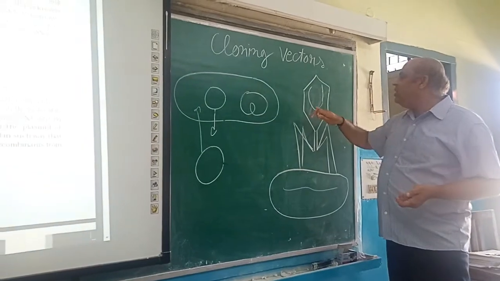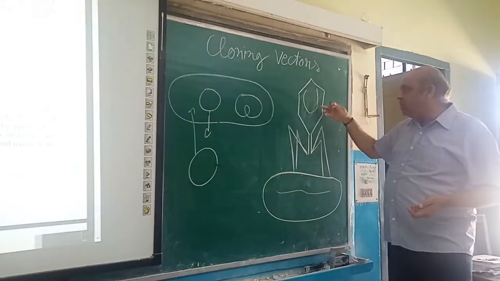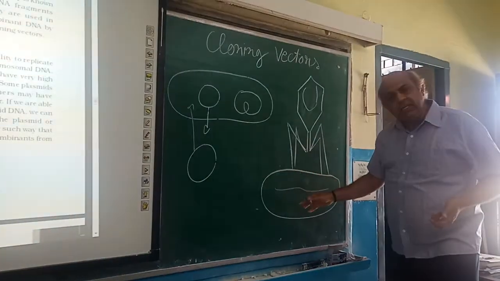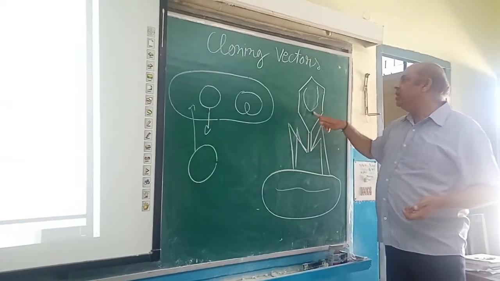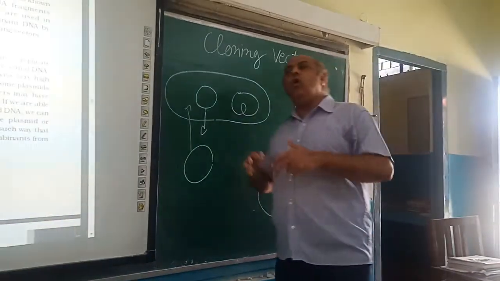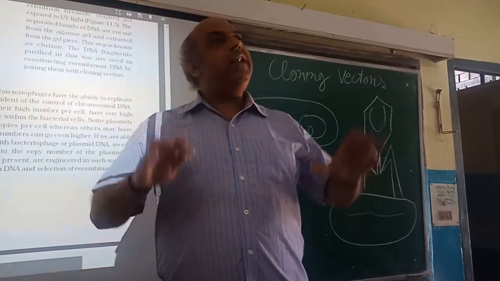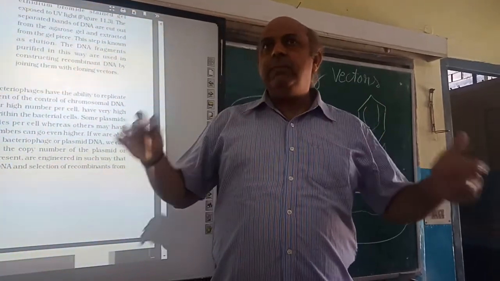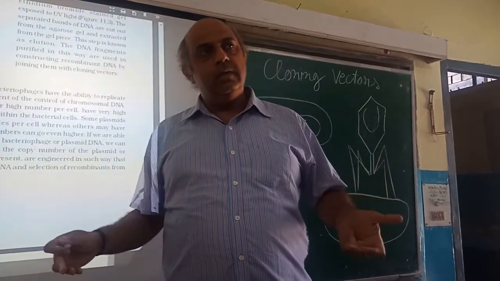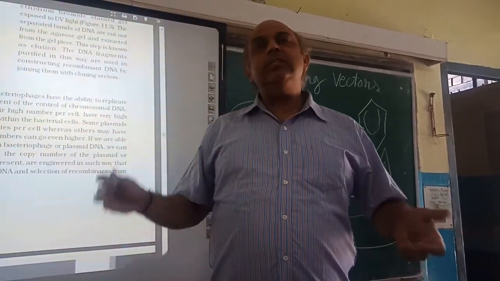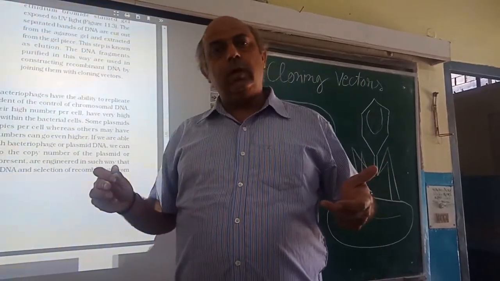And when the DNA of the bacteriophage gets transferred from bacteriophage to bacteria, the DNA segment which we have joined in the genetic material of the bacteriophage also gets transferred. And when it multiplies inside the bacteria, the desired DNA segment also gets multiplied. Thus, we use bacteriophage as a cloning vector. Okay.